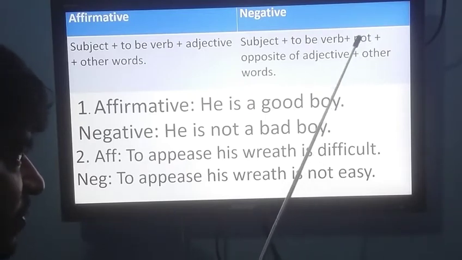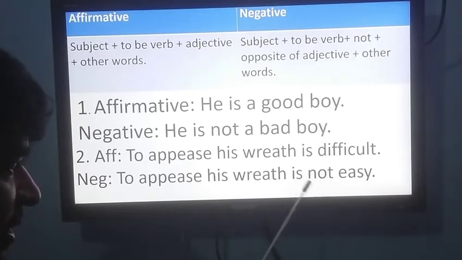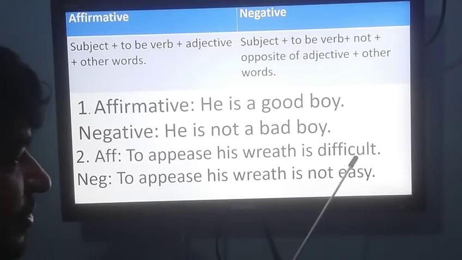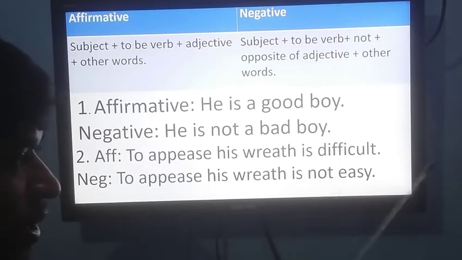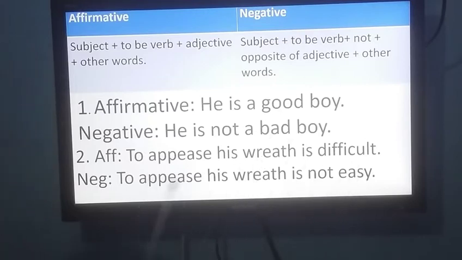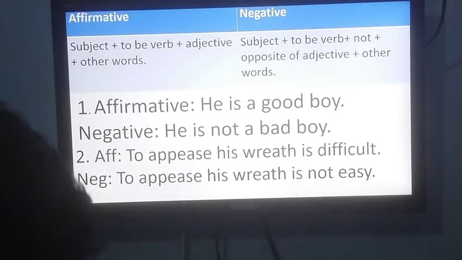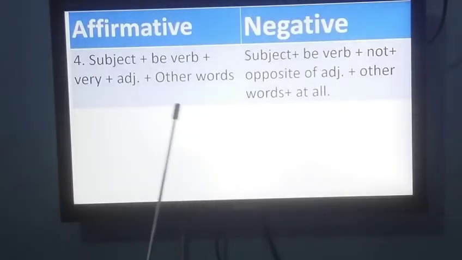Then we have to use not, we have used here not. Then opposite word of difficult is easy, and that's why we have used here easy. To appease his wrath is not easy. Now go to the next.